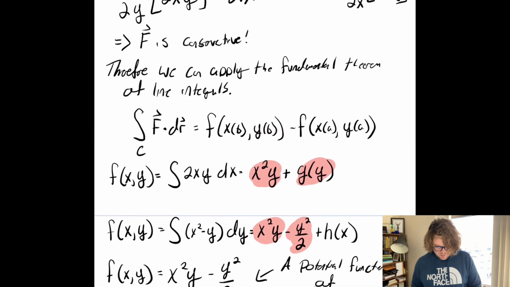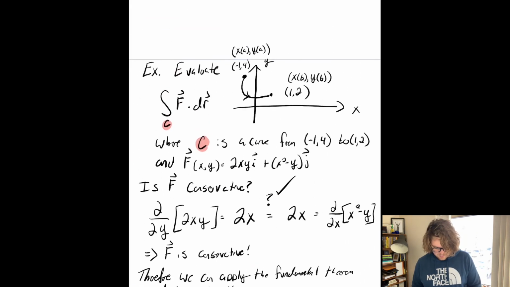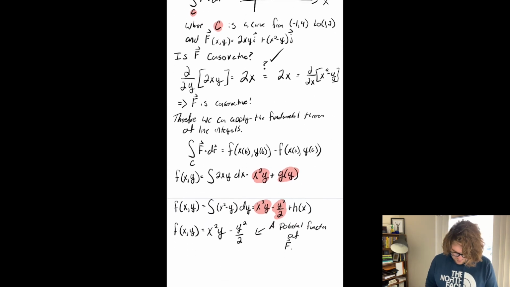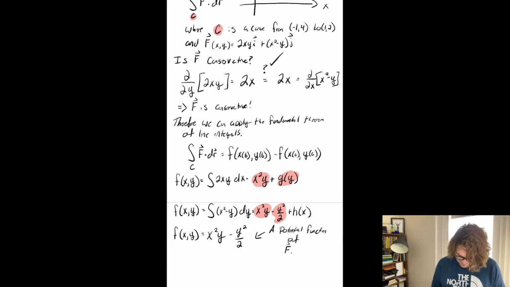So now we can finally go back to the integral which we're trying to evaluate. Let me scroll out a little bit just so I can see all of it.